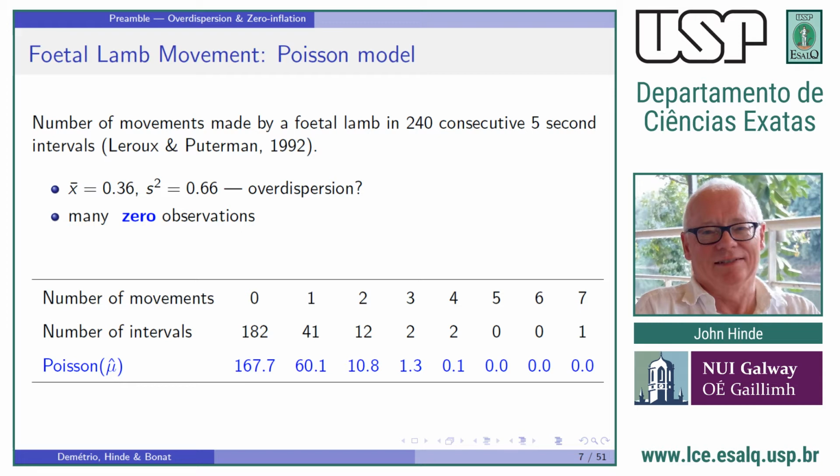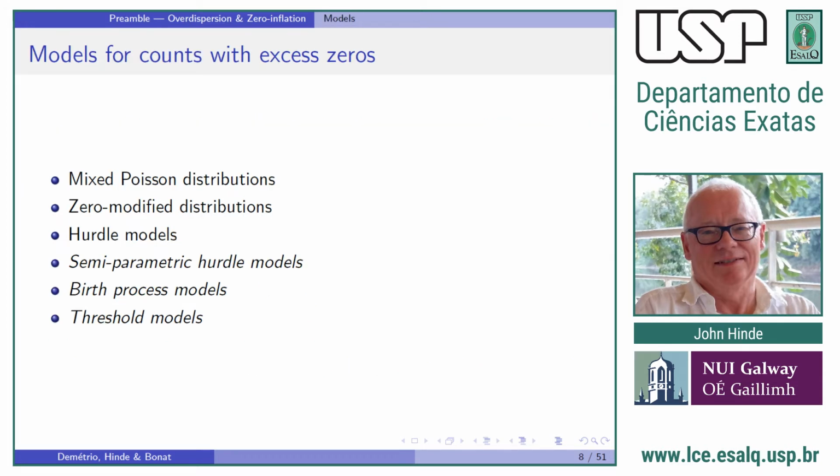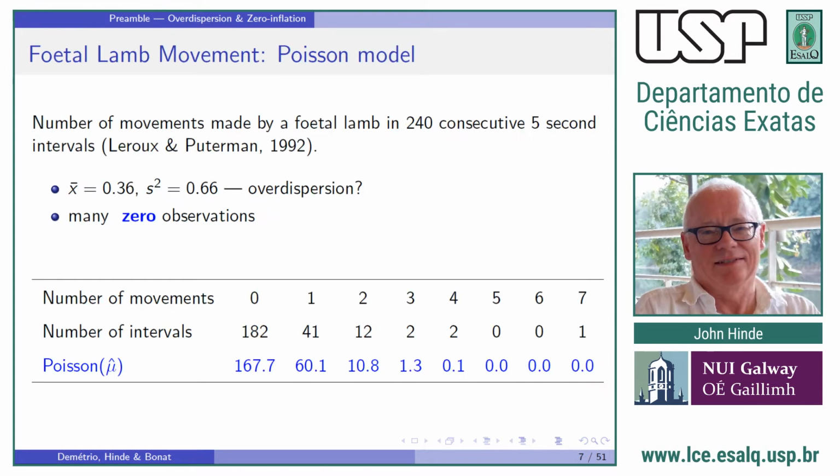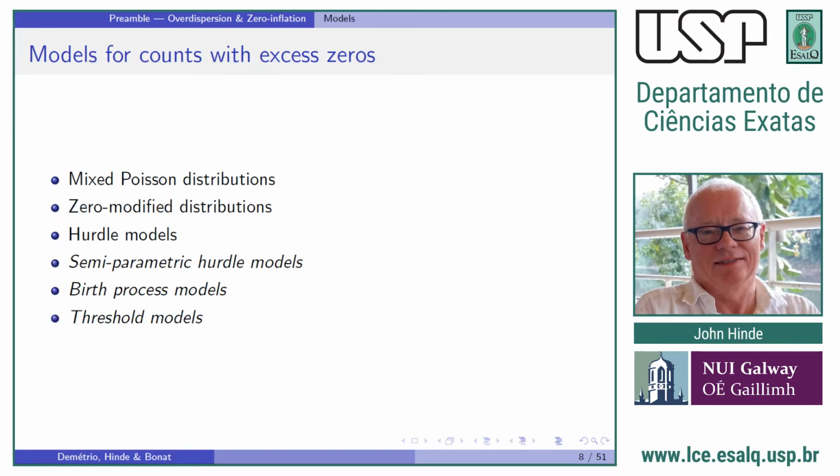Doesn't work very well. So we might think about either an overdispersed model or a model that does something to account for these extra zeros. There are lots of models: mixed Poisson distributions, zero modified distributions, and so on. Let's just look at a couple.